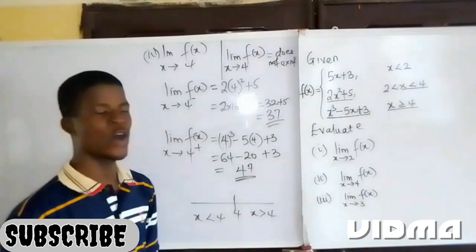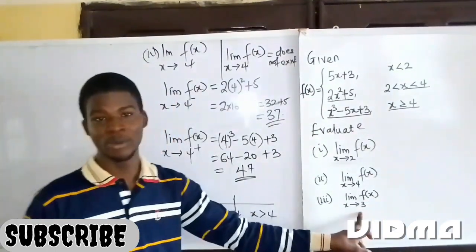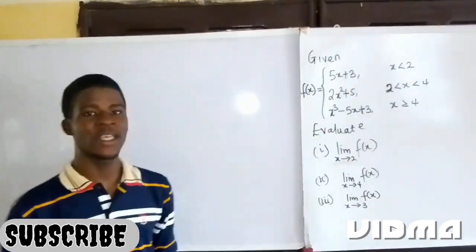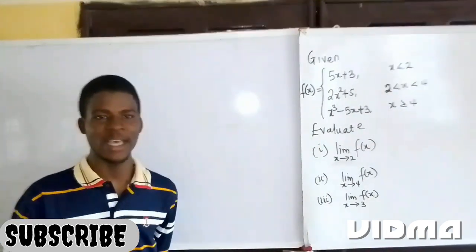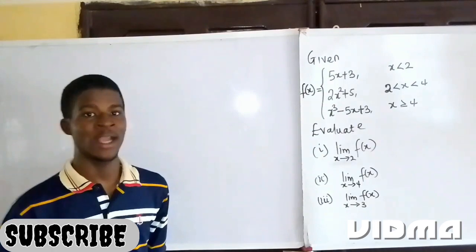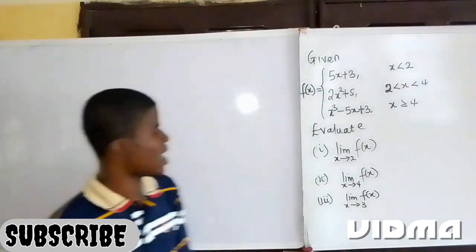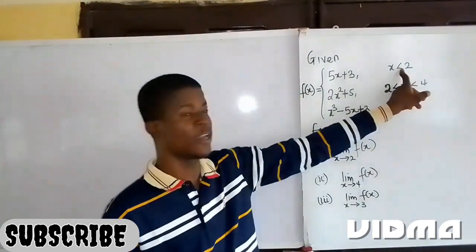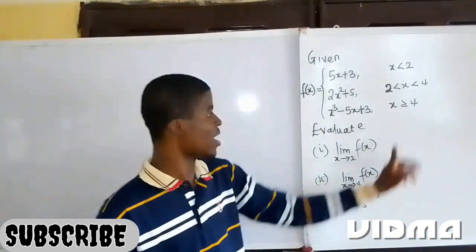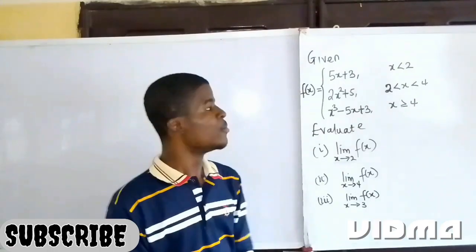What about the limit of f of x as x approaches 3? Now in this case, I'm not going to approach x from either side, either left or right, because I can't see where x is less than 3 here, and I can't see where x is greater than 3 here.